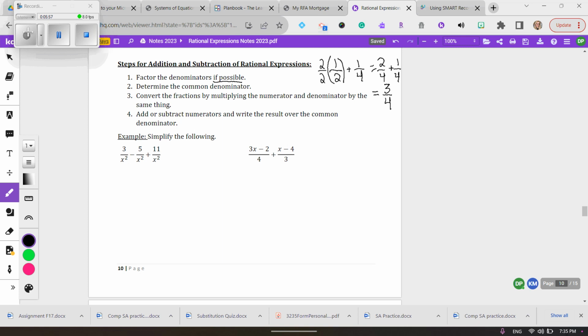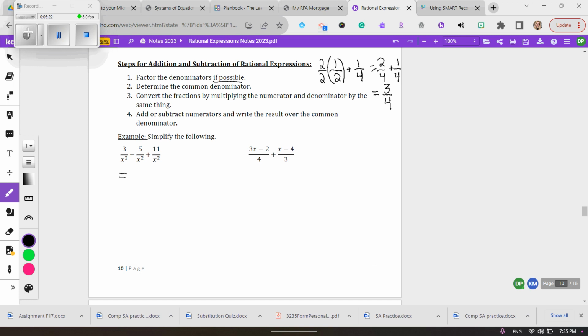So I'm going to take that same principle and apply it to rational expressions. If the denominator is the same, I can keep the denominator and add or subtract the numerators. For my first example, I notice it already has a common denominator of x squared. That's perfect. That reduces my workload.